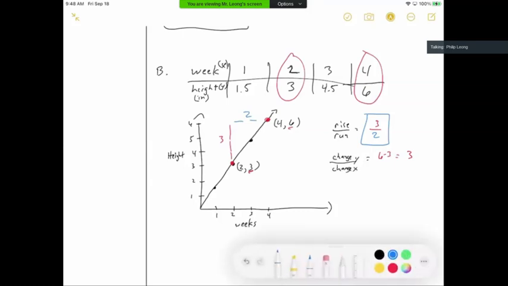Well, in that case, it is 4 and 2. 4 minus 2 is equal to 2. See that? The difference between 3 and 6 is 3. The difference between 2 and 4 is 2. Still get 3 over 2.